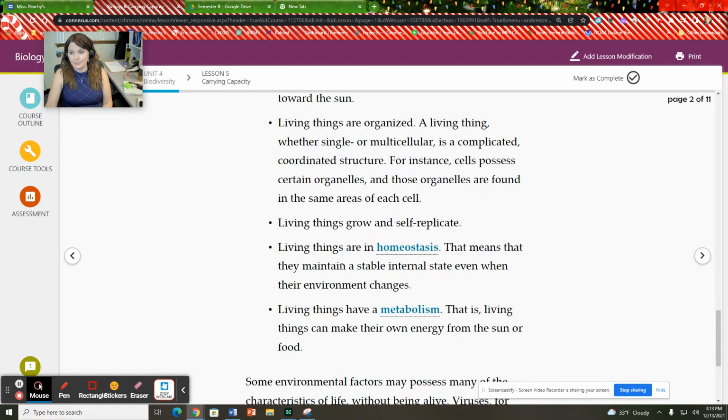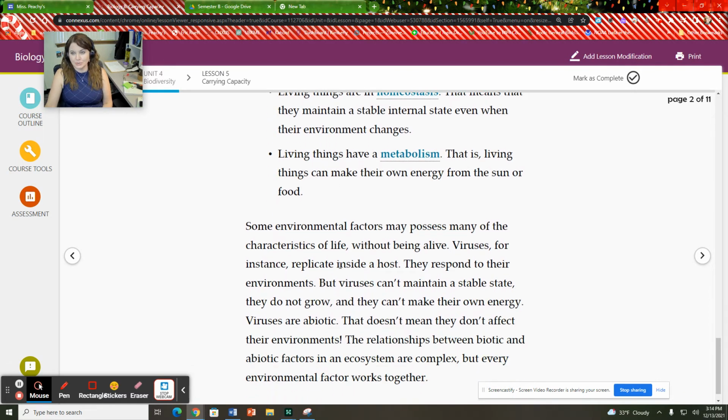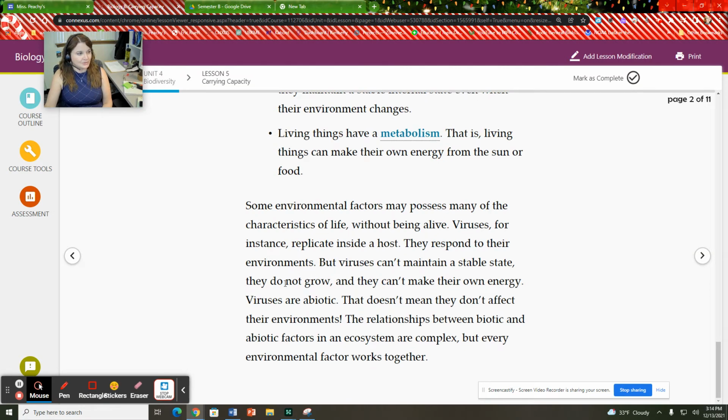Living things are in homeostasis. They maintain a stable internal environment even when their external environment changes. And living things have metabolism. They can either make their own energy or they harvest energy from other things to be able to do their body functions. Okay, so we need to pay attention to those different characteristics.